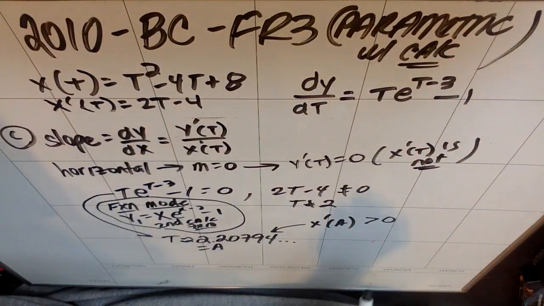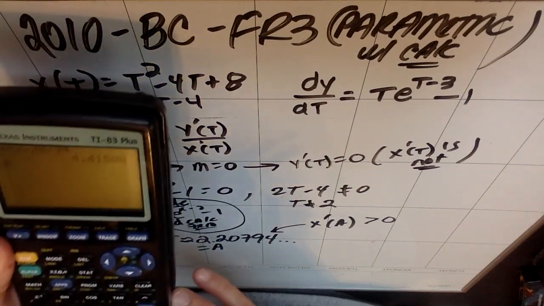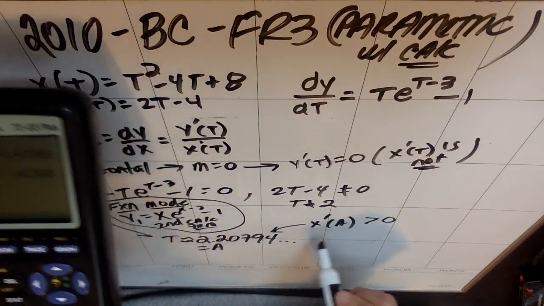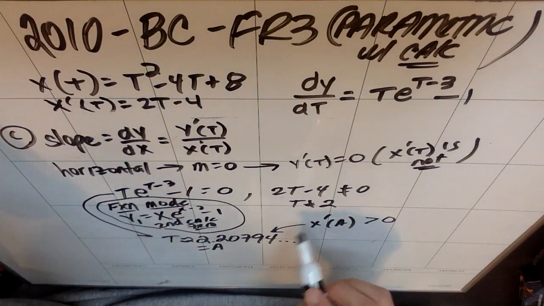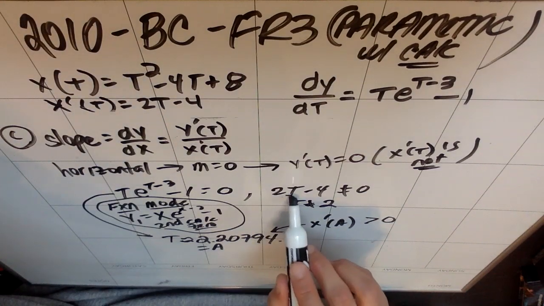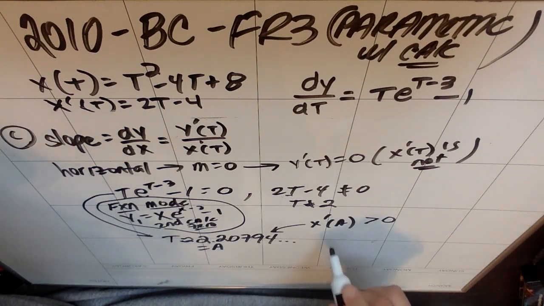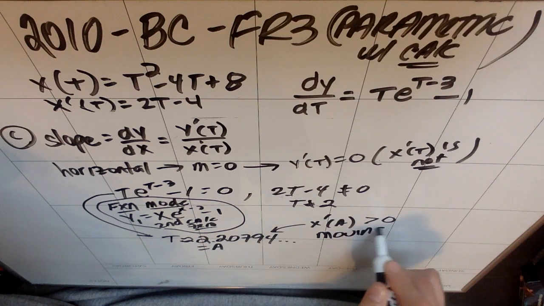That's fine. Doesn't matter. Minus the 4, my bad. So I don't care if you want to find that this is actually positive, that's fine. Or if you just want to intuit from this that if you plug in a number larger than 2, this number will be bigger than 4, so therefore it's positive. So because this value is positive, the particle is moving right.